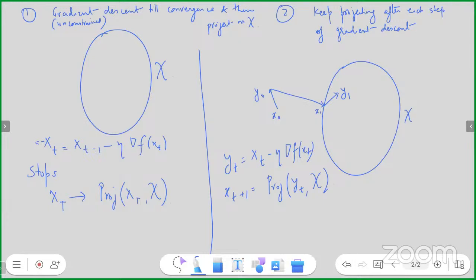Or is everything okay? In algorithm 1, the closed set X is used only once. Until the last step where you're getting the x_T, we're not using the constraint anywhere. But that's not an argument to say it's a bad algorithm. I'm producing a feasible point.